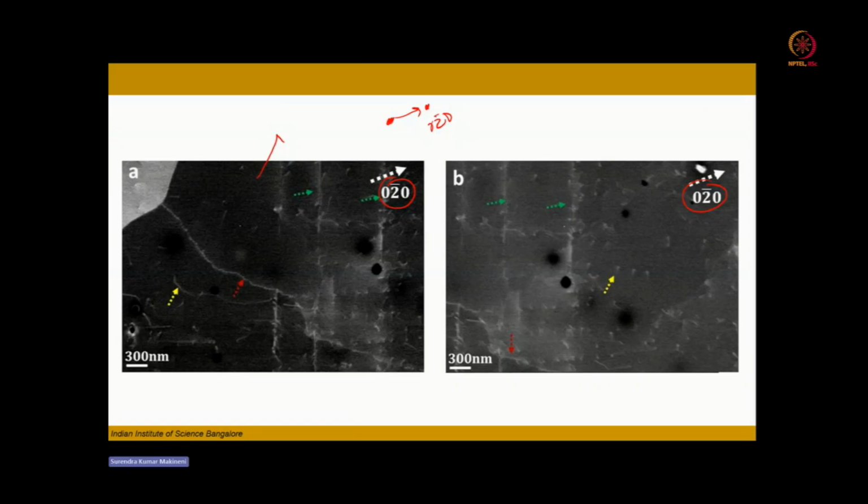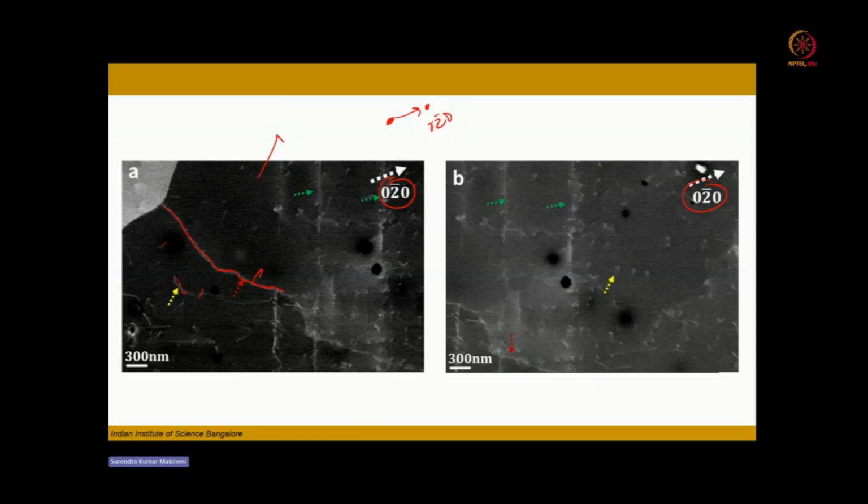Correct? Now, if there is a presence of defects, correct? So what will happen? These backscattered electrons will be diffracted at these locations very easily, and you will get a higher intensity at those lines or the dislocations. So you can see these are the dislocation lines. These are the dislocations.